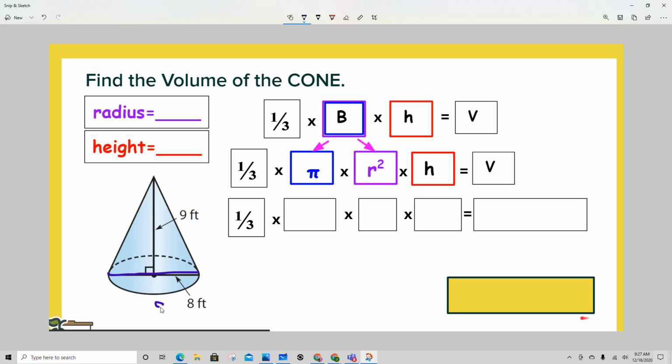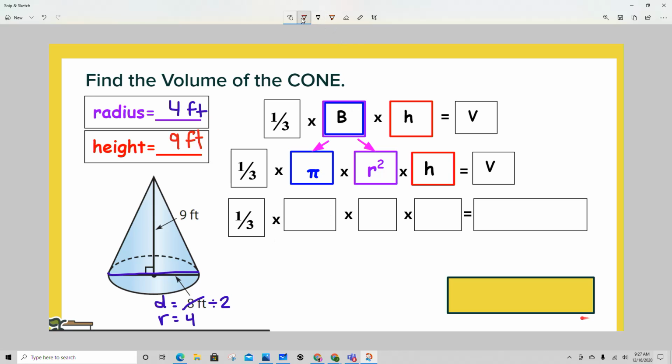This is your diameter. If you want to find the radius, we need to take the diameter and divide it by 2. So if I do that, my radius is going to turn out to be 4. I'm not going to use this number anymore. So I'm going to put that right here, 4 feet. And the height is going to be 9 feet.